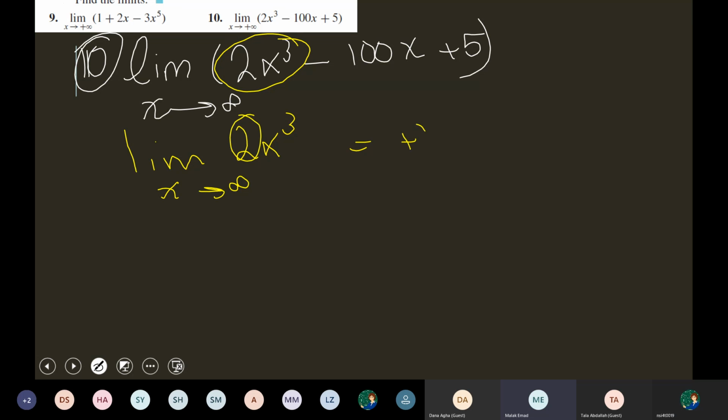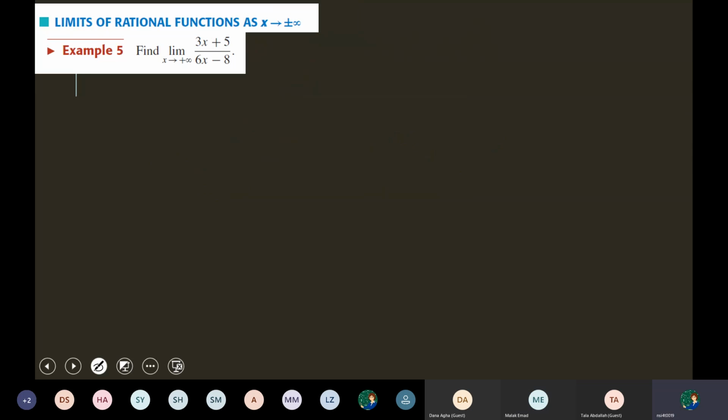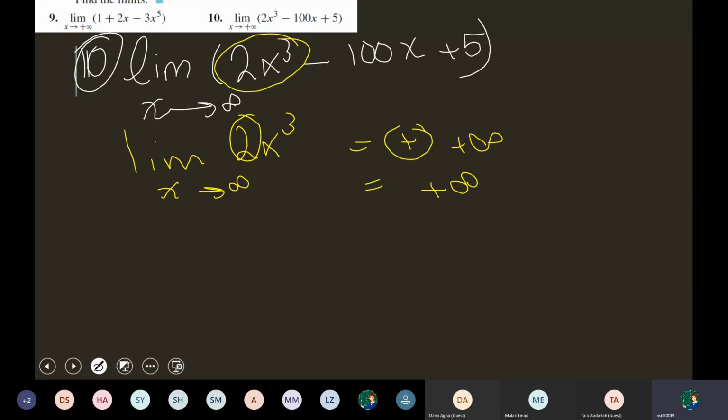Cubed, so it will be positive, and the answer will be positive infinity.